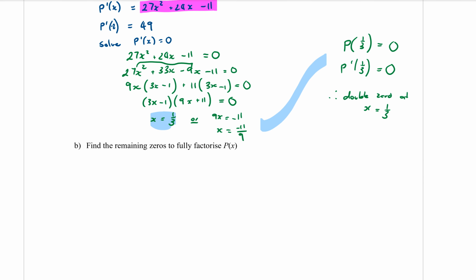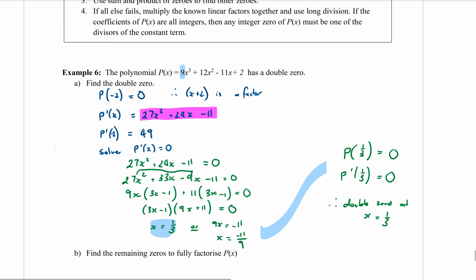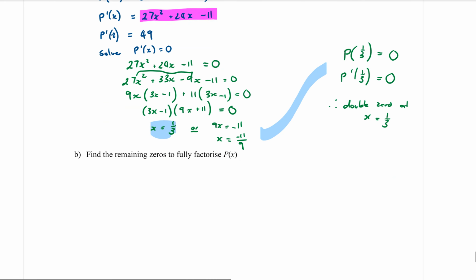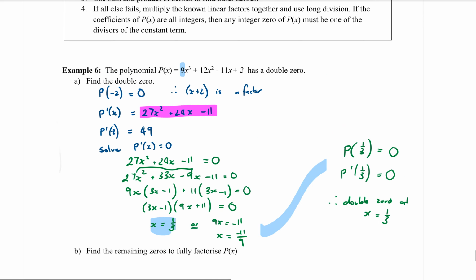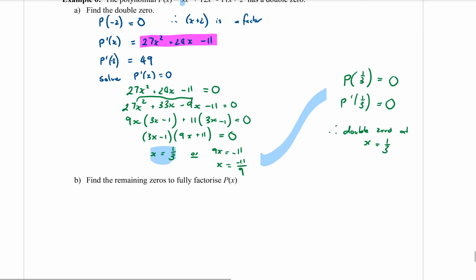Find the remaining zeros to fully factorize. Now, we have a double 0. We actually kind of already know this because we found one of them up the top. But let's assume that we hadn't found it because I need to show you a little technique here. We know one of the solutions is going to be x plus 2.